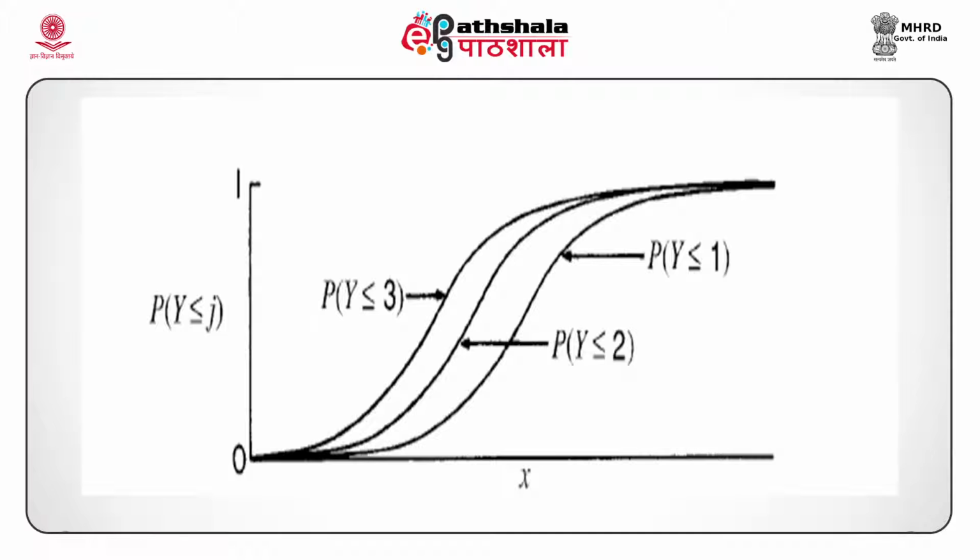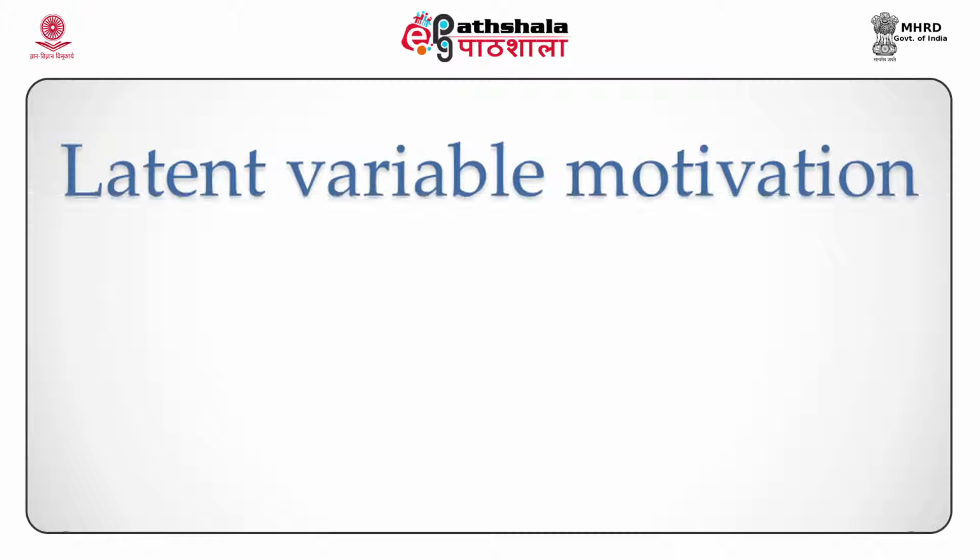A justification for this model comes from a latent variable motivation. In this case, we assume that there is some underlying variable y star, and if y star lies between alpha j minus 1 and alpha j, we observe the event y equal to j. As before, we can think of y star as some net utility which has an observed part derived from the covariates, which is beta prime x, and an unobserved part epsilon.